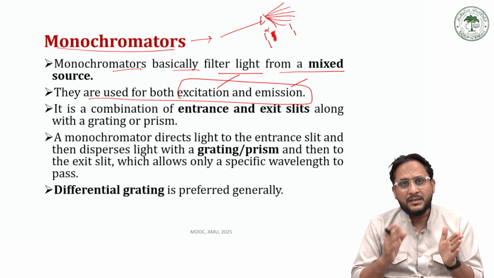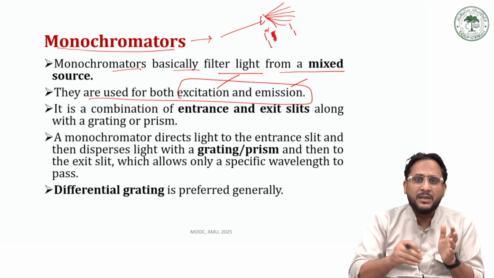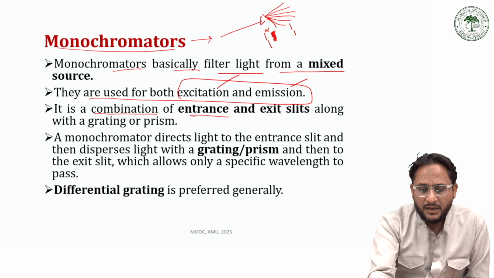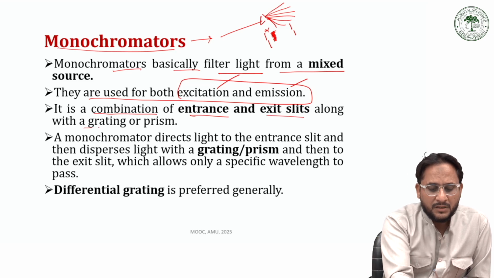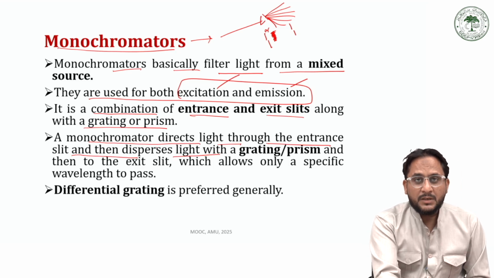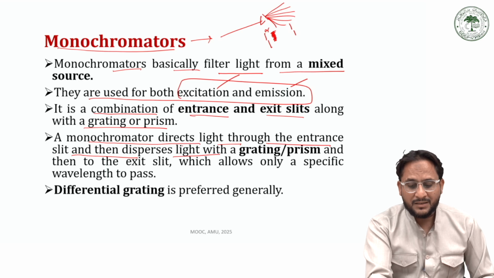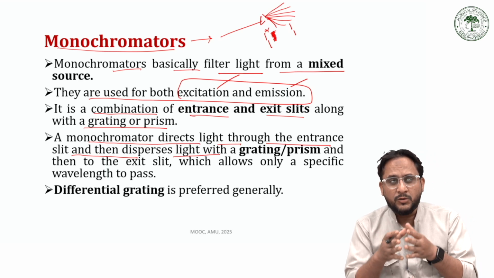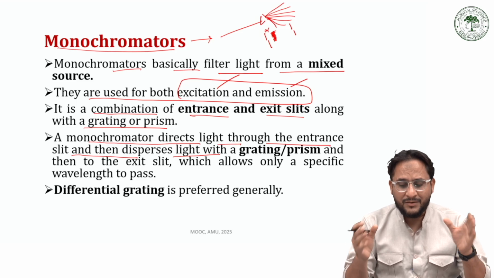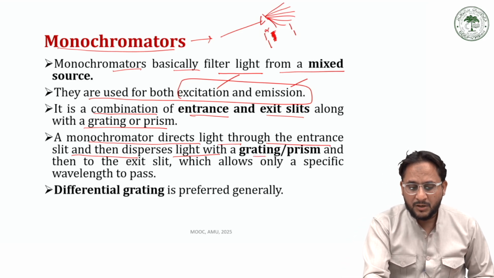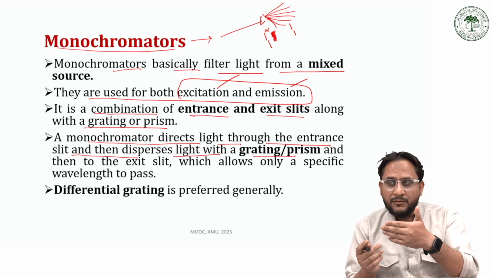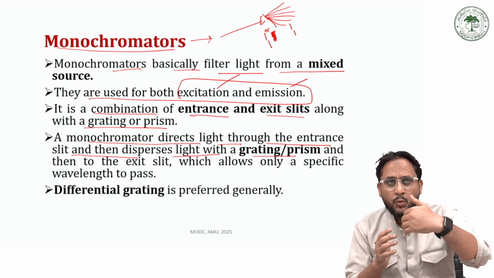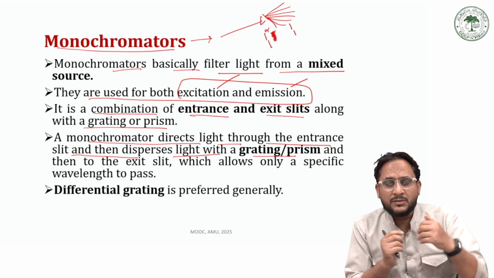So we have two monochromators, and both consist of two slits. One is the entrance slit, the other is the exit slit, and in between we have a grating or a prism. So a monochromator directs light through the entrance slit and then disperses this light radiation into individual narrow wavelength radiation with the help of a grating or a prism, and then it focuses that radiation towards the exit slit, which selects a few light radiations while blocking the others.